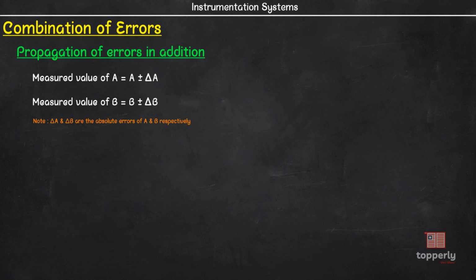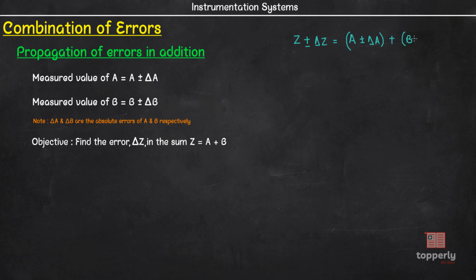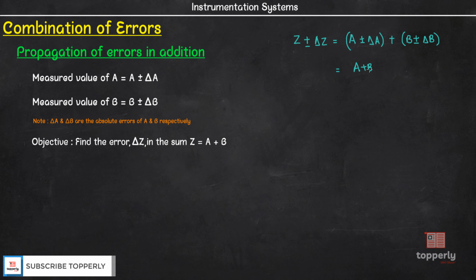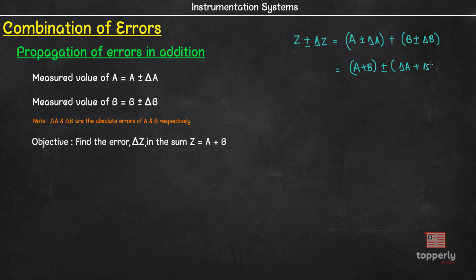Now we wish to find the error in the sum Z equal to A plus B. We have by addition Z plus or minus delta Z is equal to A plus or minus delta A plus B plus or minus delta B, which can be written as A plus B plus or minus delta A plus delta B, and just now we have seen that A plus B is equal to Z. So we can write this as Z plus or minus delta A plus delta B, and this is equal to Z plus or minus delta Z.